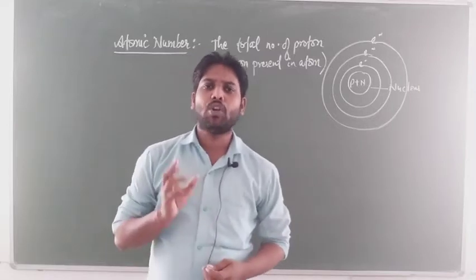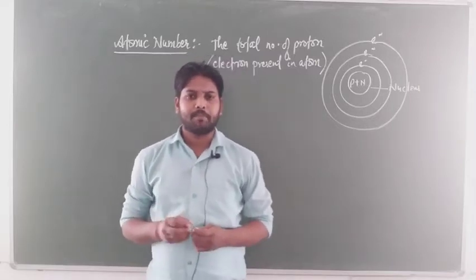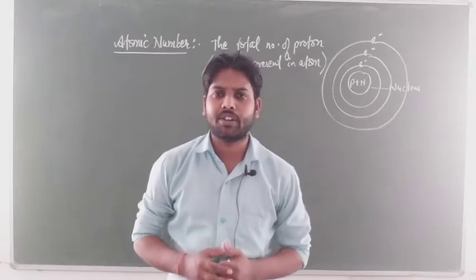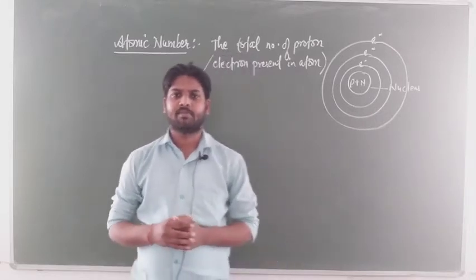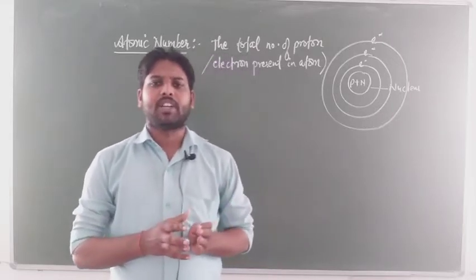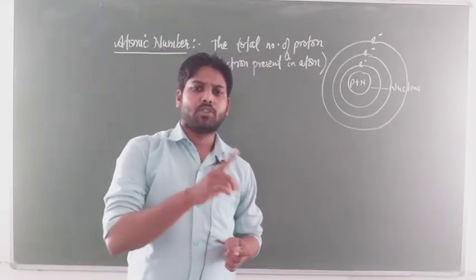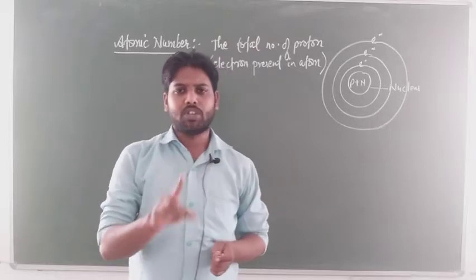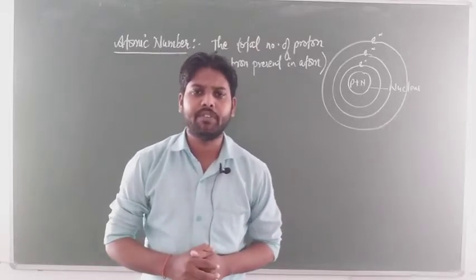Students, we all know very well that all atoms are electrically neutral. It is because all atoms contain a total number of positive charges, meaning protons, equal to the total number of negative charges.